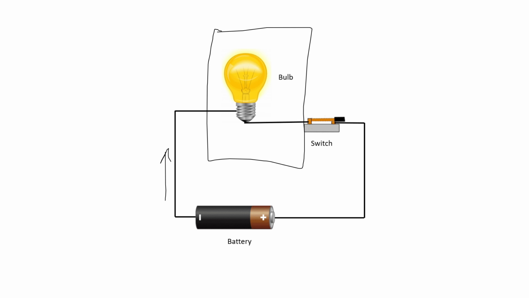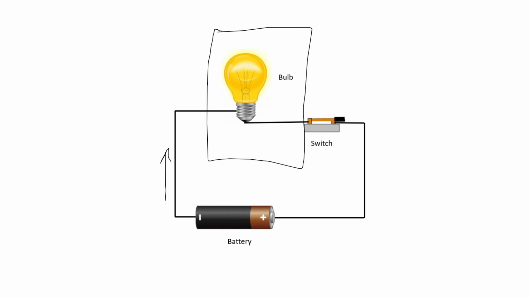Since these electrons usually move from the negative to the positive, humans were very clever, and we found ways of utilizing this movement of electrons from this terminal to this terminal, created by that potential difference, which is called voltage.